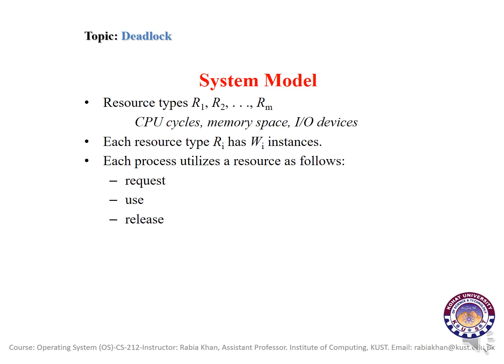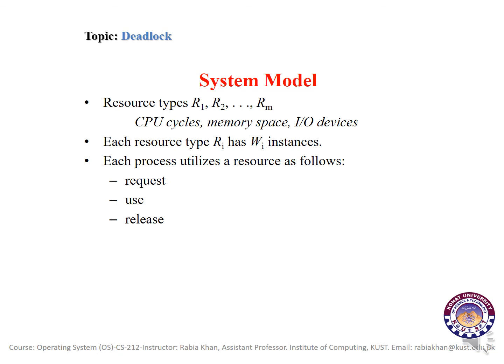Resource, as you all know, can be hardware such as CPU cycle, memory, I/O, etc. One resource may have different instances, such as we have different types of memory in our system, like primary memory, secondary memory, and different hardware represent them.